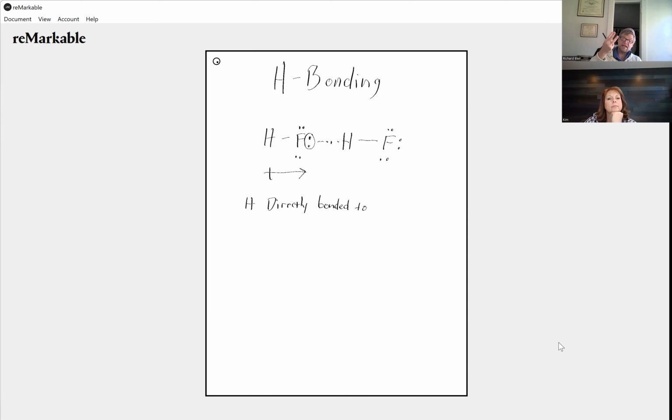Those elements must have a lone pair of electrons. So hydrogen directly bonded to a very electronegative element with a lone pair of electrons. The only 3 elements that fit these criteria: nitrogen, oxygen, fluorine. F-O-N, fun. All right, I'm trying to give you some mnemonic devices here.